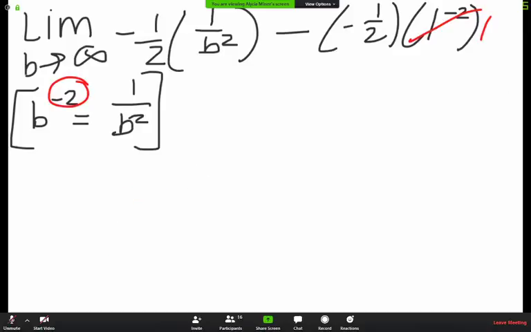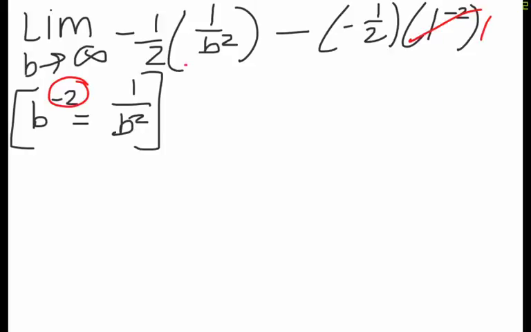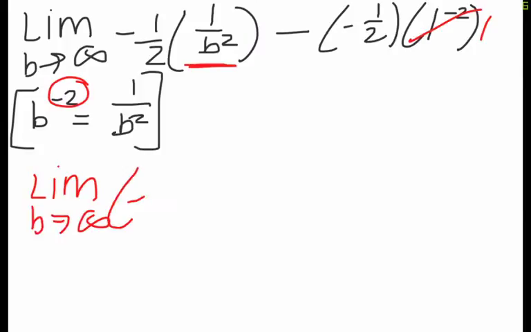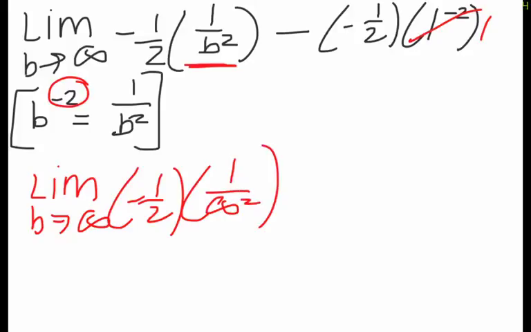Now, when I plug in infinity here, let's worry about our limit. So the limit as b approaches infinity, negative 1/2 is not going to happen. 1 over infinity squared. What does that go to? What's 1 over infinity, the limit? 0. Good. So this whole thing goes to 0.